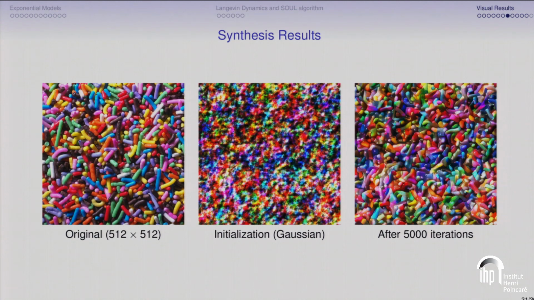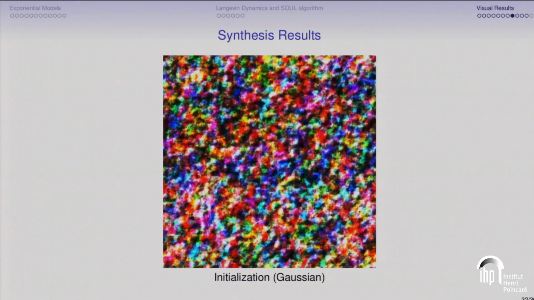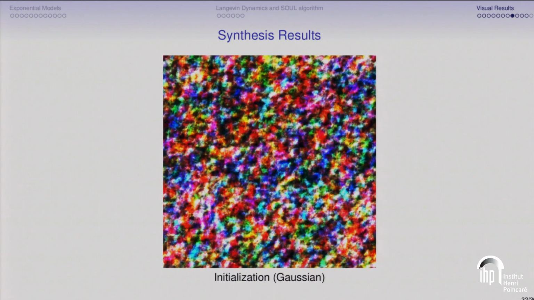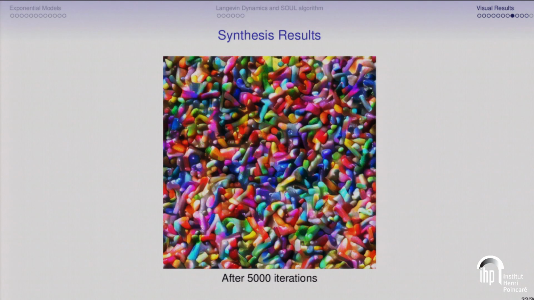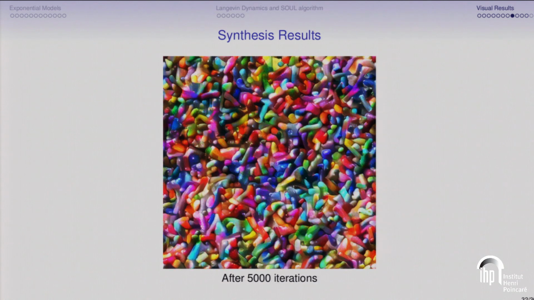As you can see, we have somehow reimposed a bit of structure, but we cannot capture the deterministic way of stacking candies here. And if you compare with the Gaussian initialization, again, you have some yellow and green stains in the Gaussian synthesis, which have not truly moved, actually, after 5,000 iterations of this procedure.